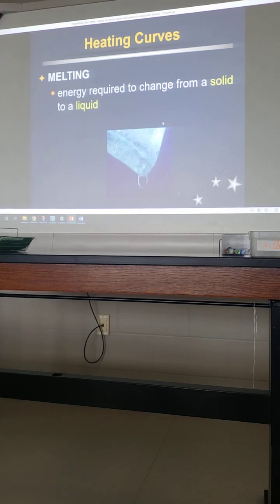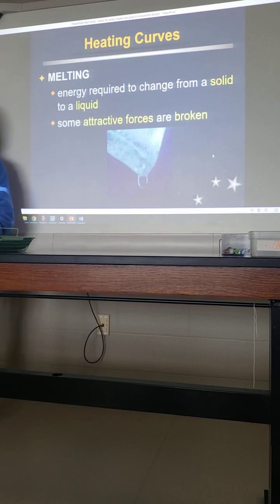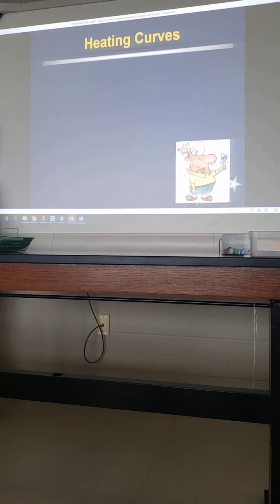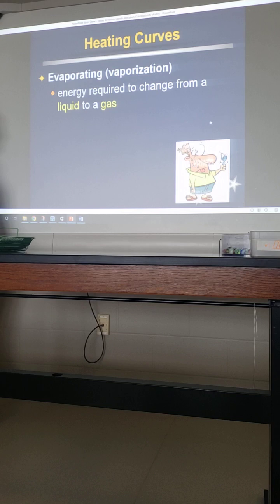So, we know that the melting process is the energy required to change from solid to a liquid, and it's breaking some of those attractive forces. That's where the potential energy is increasing because it's having the potential to change the spacing between the molecules. And the other phase change that happens is evaporation, a liquid going to a gas.